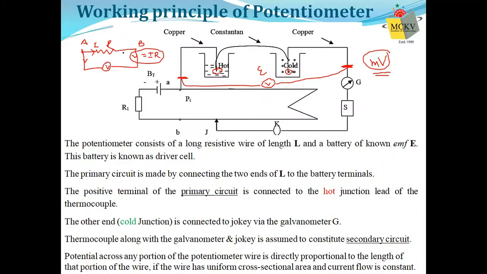And since the voltmeter itself is drawing a current, the current flowing through the resistance decreases. So now it becomes I dash, because the current I that was flowing in is now divided. A small amount of current is going through the voltmeter.